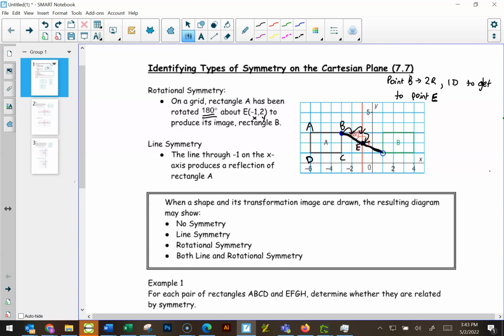So it's got to be somewhere in this direction, right? Because that's a straight line, 180 degrees.